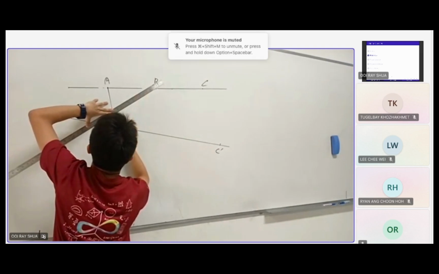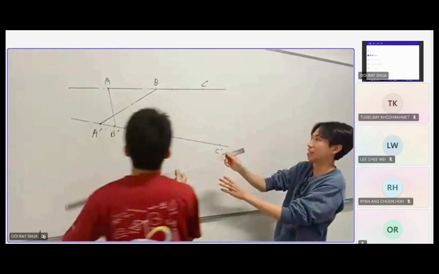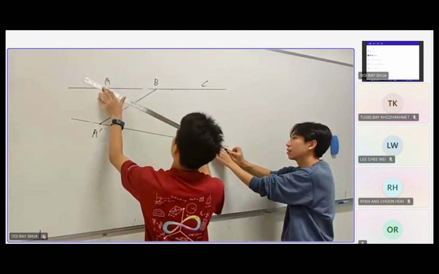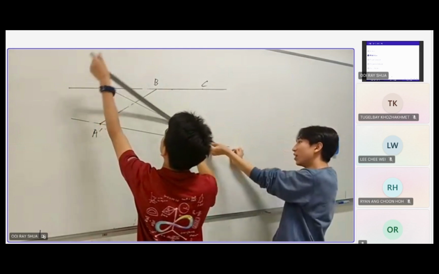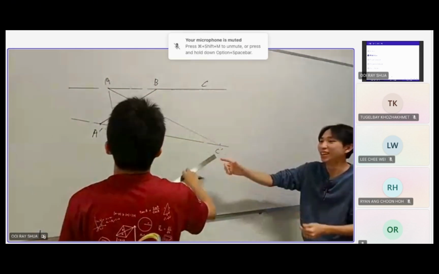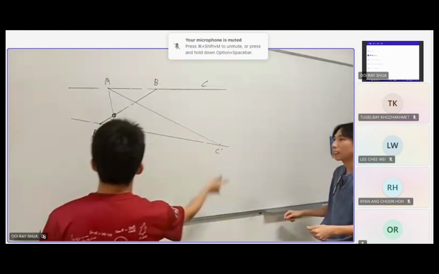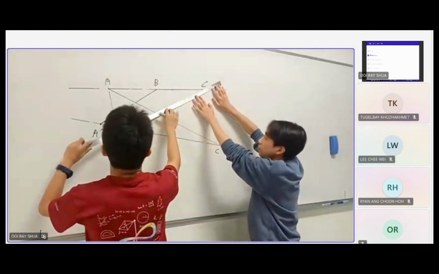After that, we repeat the same process for A and C prime, and this is the first intersection point we'll look at. Then repeat again with A prime, C.